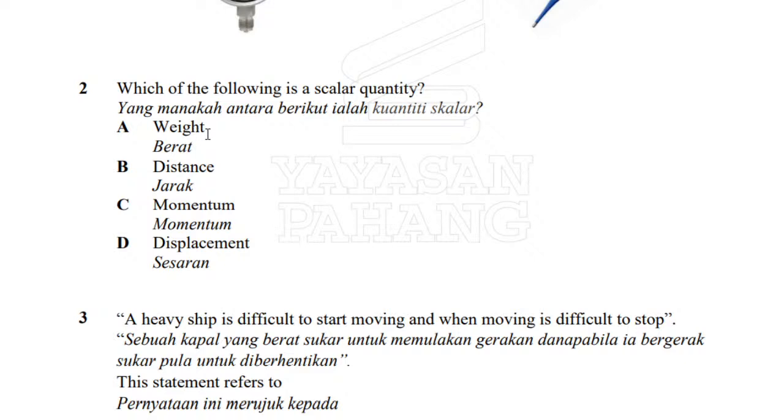A weight, B distance, C momentum, D displacement. Which one doesn't have direction? That will be the scalar quantity. From here, the scalar quantity is distance. So the answer is B, distance, only has magnitude, no direction.